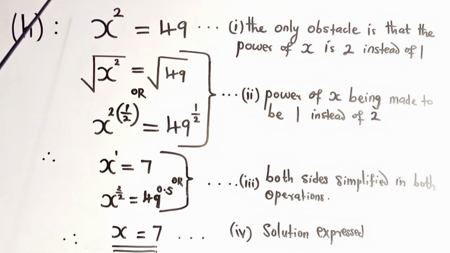So what we're going to use to clear it is square root. If it is power 3, what we're going to use to clear it is cube root. If it is power 4, we use the fourth root. If it is power 5, we're going to use the fifth root to clear it, and so on and so forth. That is what I mean by saying that we clear powers by using the same degree root.